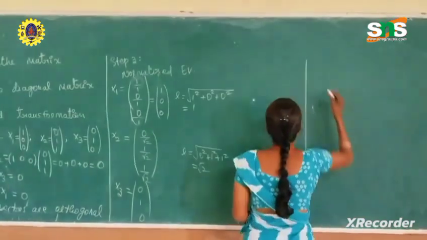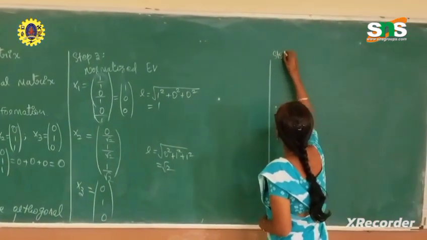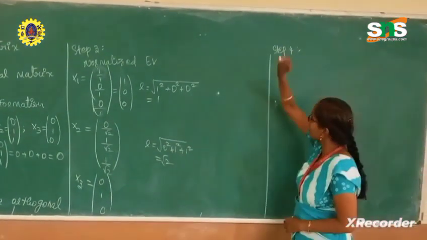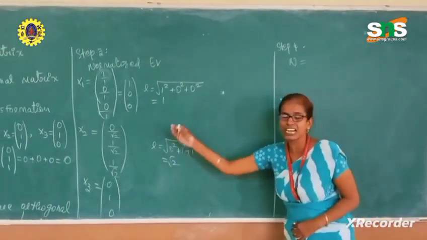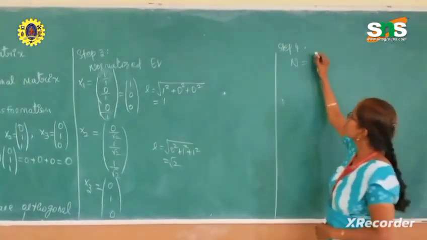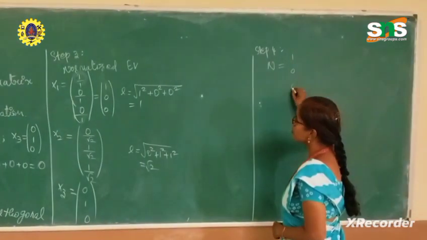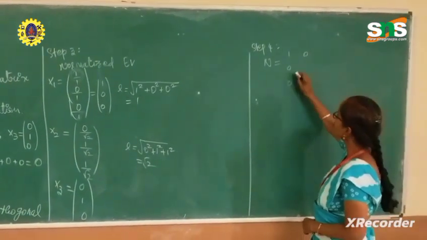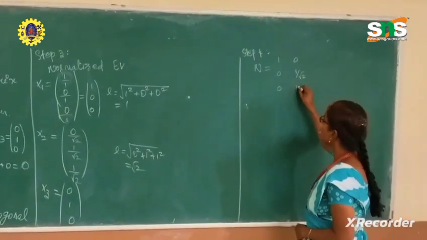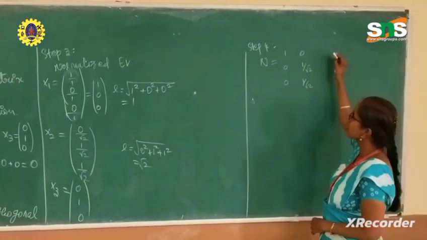Now step number 4 is to write the normalized modal matrix, which is N. Just collect the terms as columns. The first column is 1 0 0, the next is 0, 1 by root 2, 1 by root 2, and the third is 0 1 0.